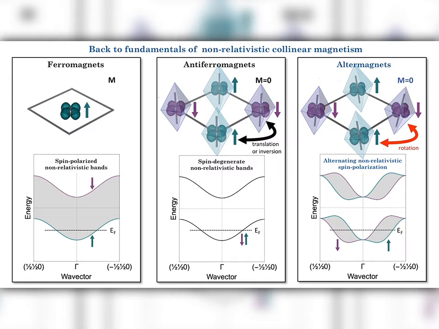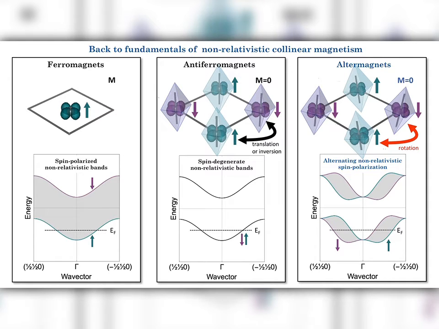But before going to this formal theory, let me briefly outline the main result. What is the distinction between the conventional antiferromagnets with spin degenerate bands and these altermagnets with spin split bands? In both cases, the non-relativistic magnetization precisely vanishes.